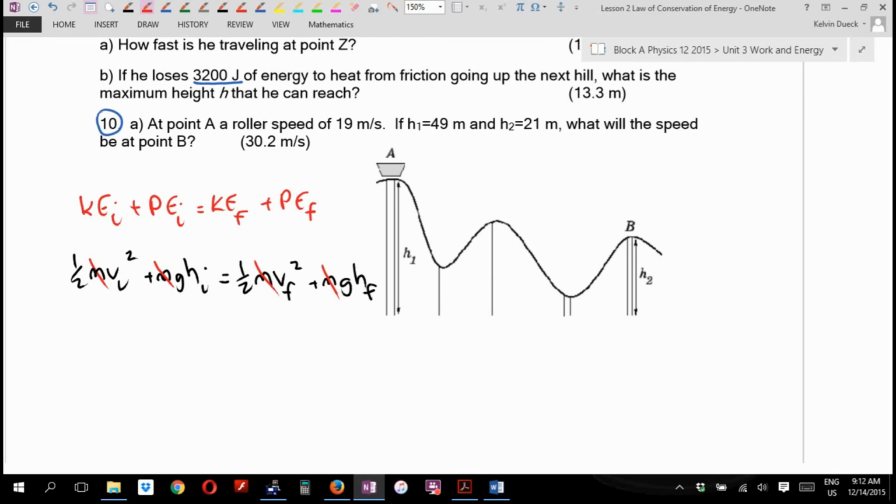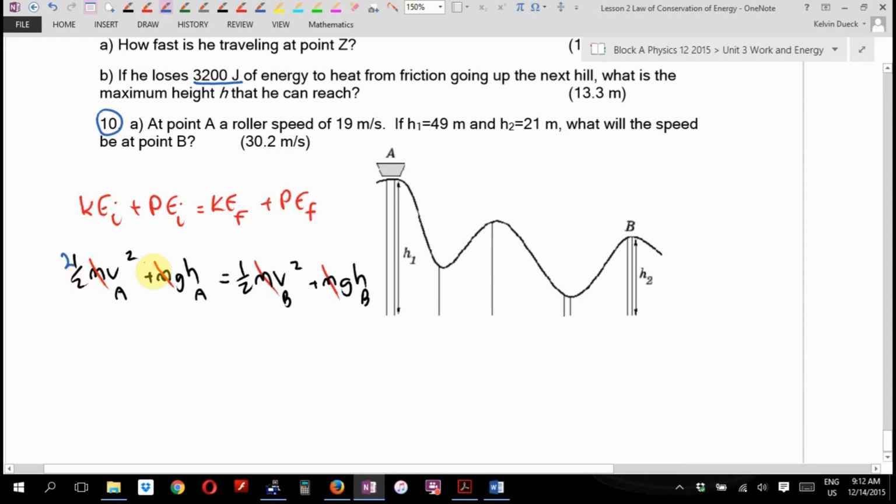What are we trying to get by itself? Yeah. In fact, if I was really clever, I would have gone point A, point B there. That's what I really should have done, instead of using final and initial. That's even more descriptive now. I'm going to use this trick again.